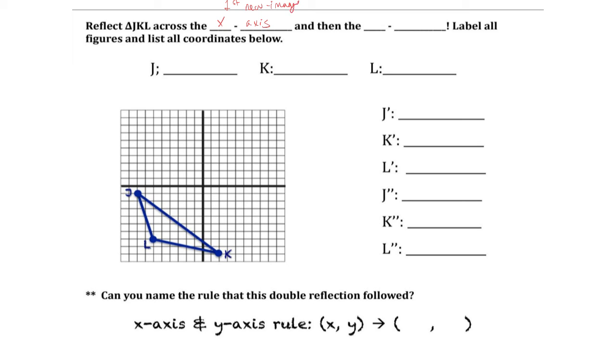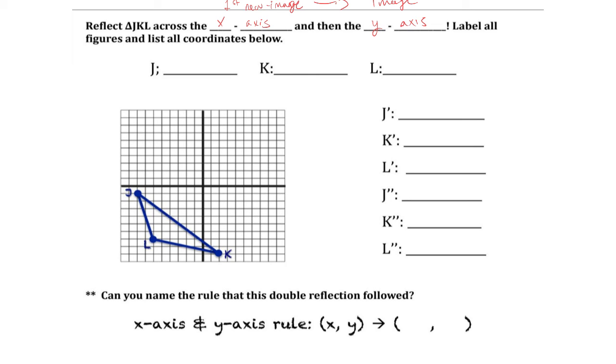Then we're going to continue from this first one and change it to our second image, reflecting over the y-axis. So we reflect over the x first, and then take that new triangle and reflect over the y-axis.